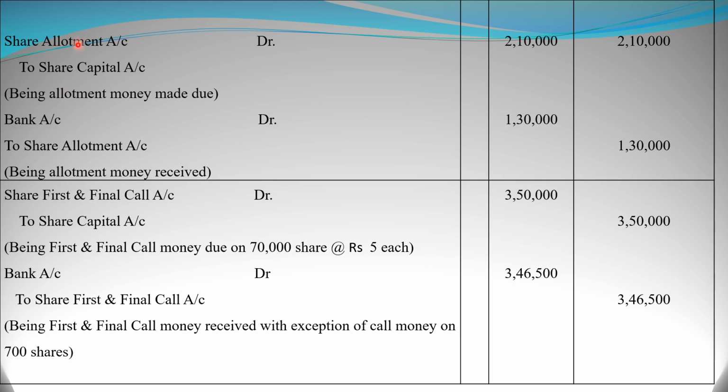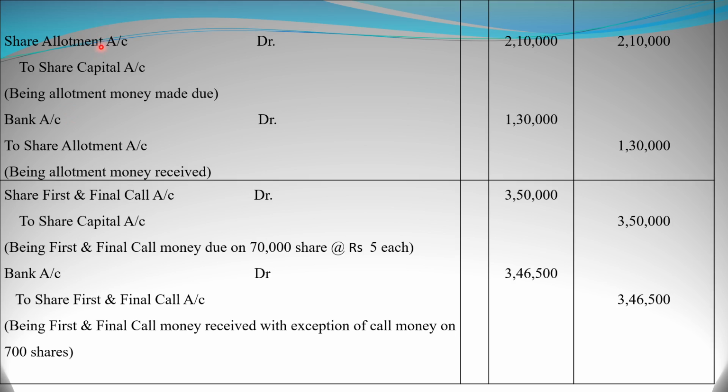Allotment money due entry: share allotment to share capital. The number of shares issued here is 70,000. No more of a subscription is there, no more 1 lakh shares are there. Now the company will deal only with those 70,000 shares, because the 30,000 over-subscribed were already adjusted, partly adjusted, partly refunded.